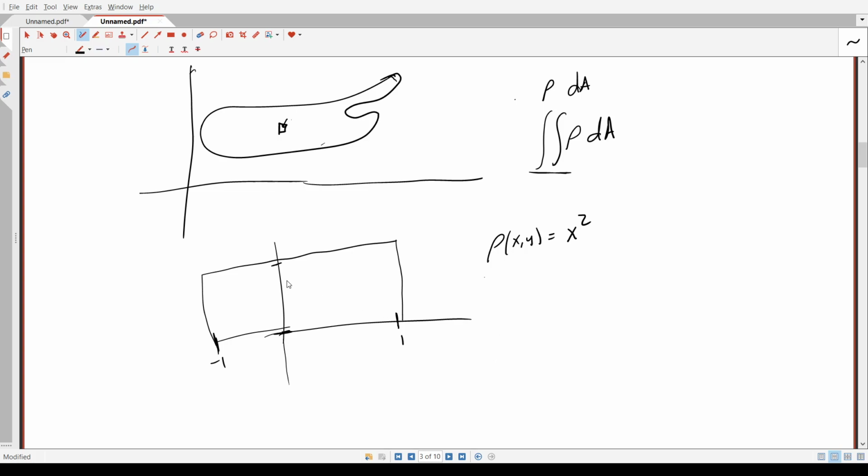So if I had a bunch of particles in here, when x is bigger, it's going to be more dense, there's going to be a lot more of them, whereas when it's close to 0, it's not very dense at all.